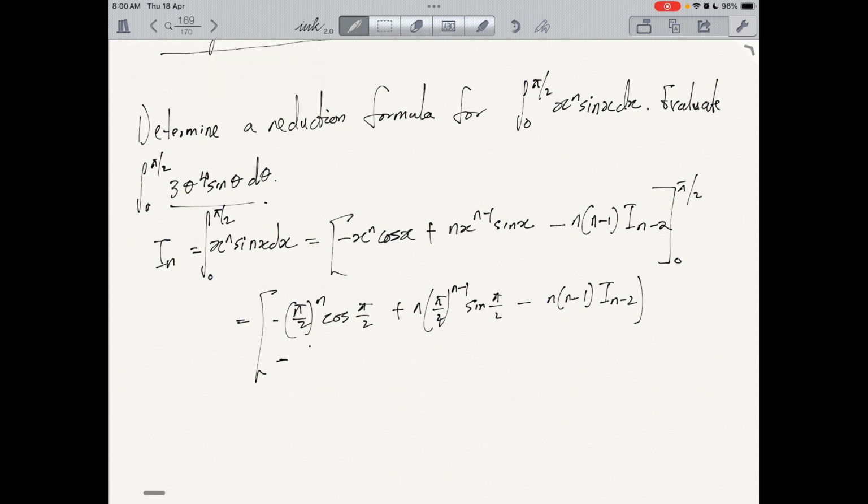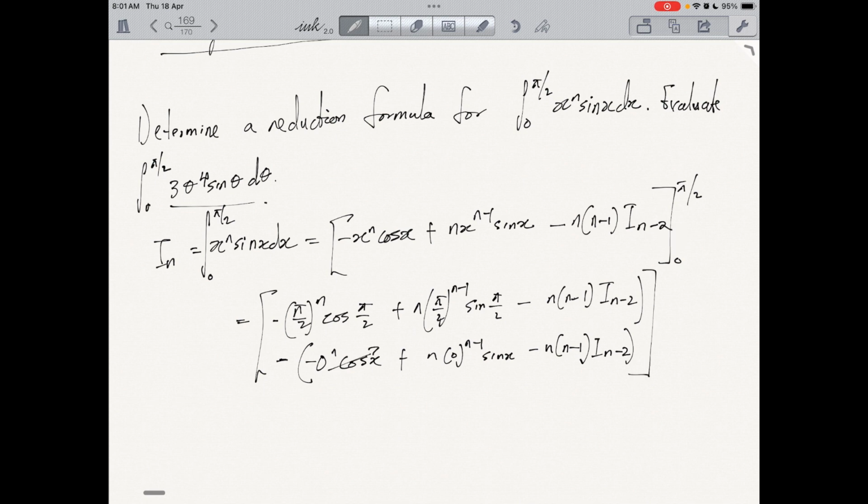Then we'll have again minus, then we apply our 0. Wherever we see x, we put 0. That's 0 raised to the power n cos x plus n into 0 raised to the power n minus 1 sine x minus n into n minus 1 of I n minus 2.